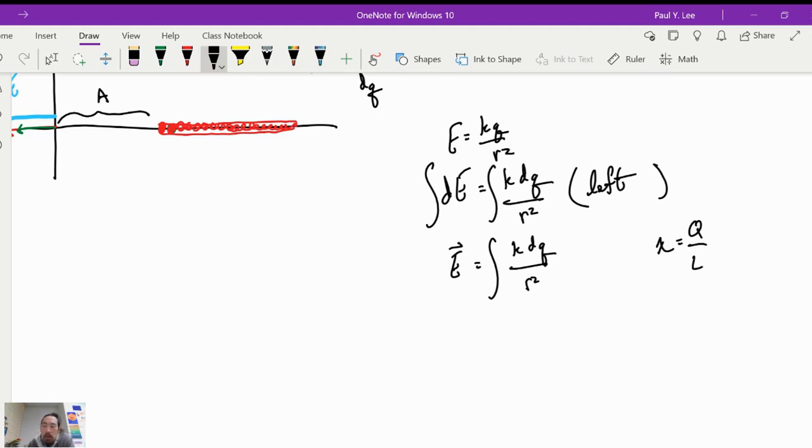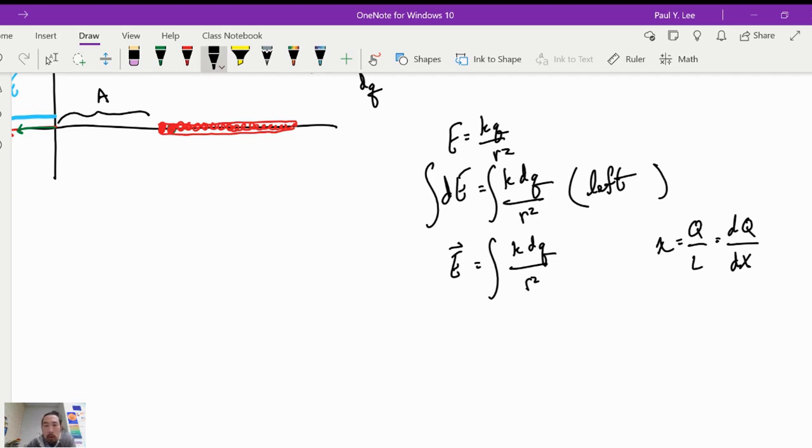But for our scenario here, we have a dQ. So we're going to call this dQ over dl. Now I'll replace that dl with a dx, because this is how much the length of the cylinder is changing.